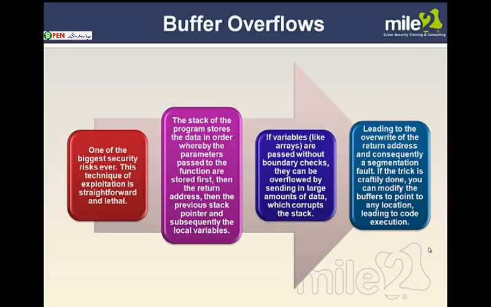In other words, what's the size, what can it accommodate? So if there are no boundary checks, then we find ourselves potentially corrupting the stack because we're going beyond the allowable space. And if a hacker does this in a crafty kind of way, they could actually point it to some other programming code that they wish to execute.